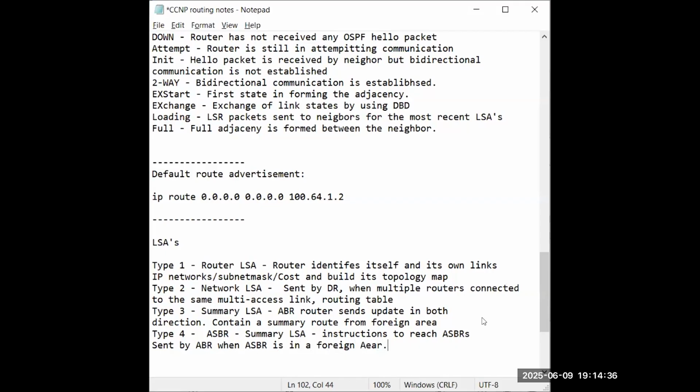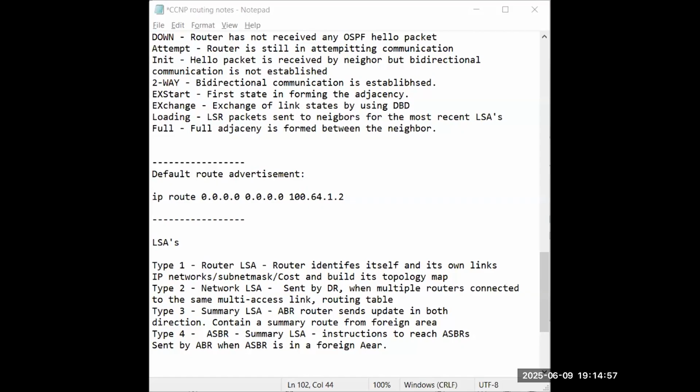Now type 4, I'll give you an example. It is going to be generated by the ASBR router.